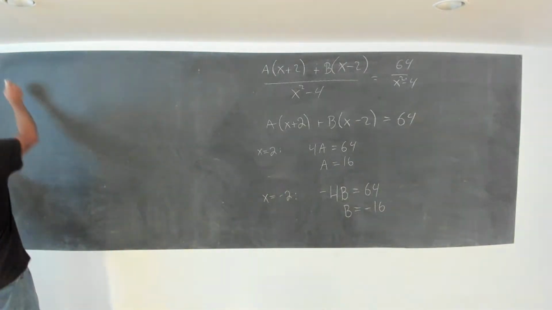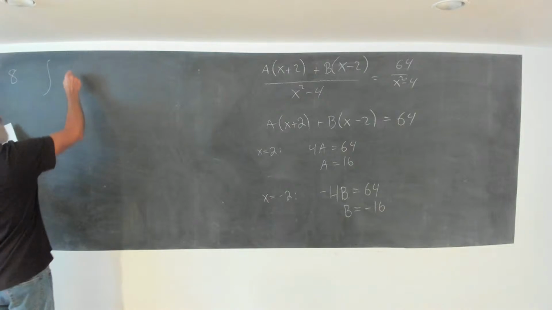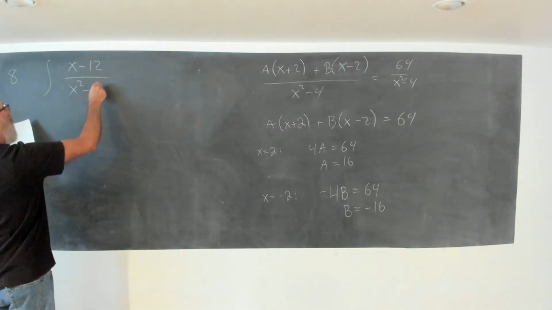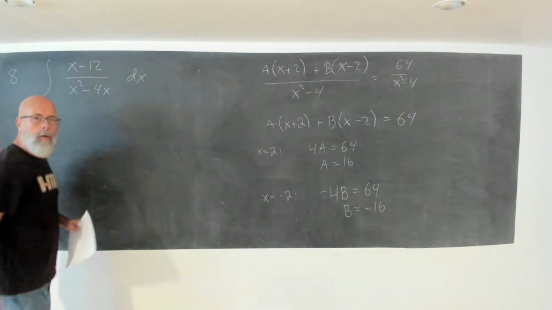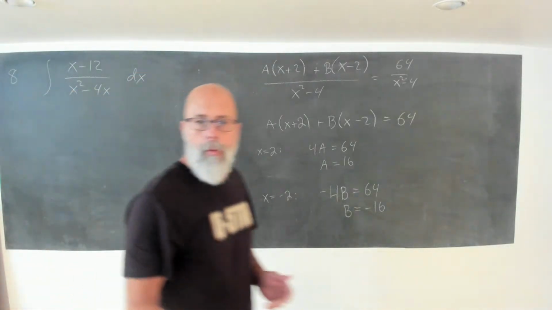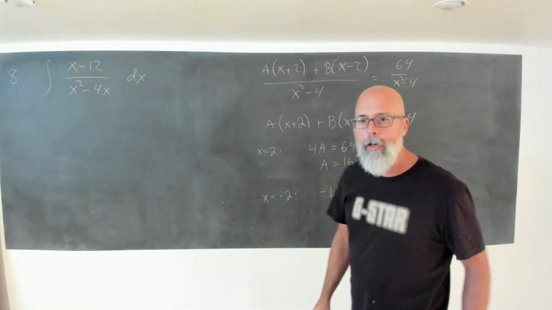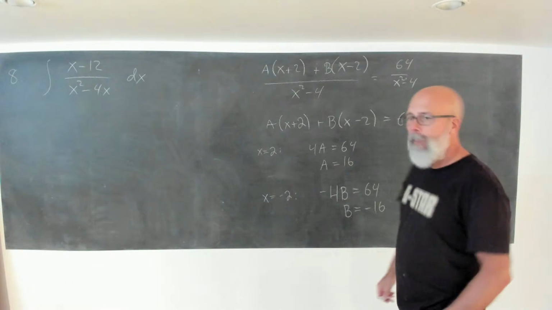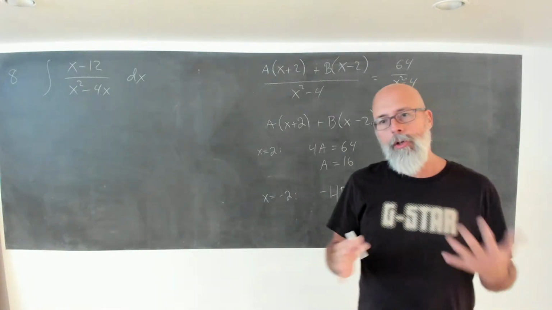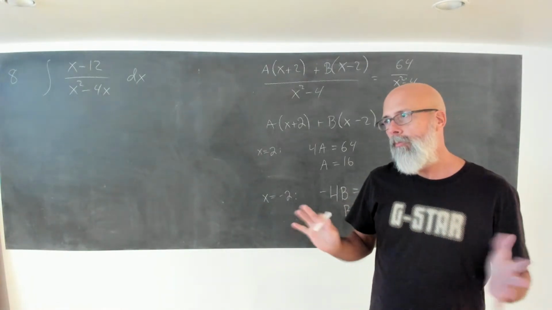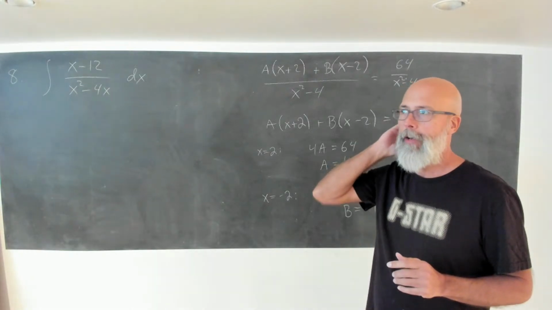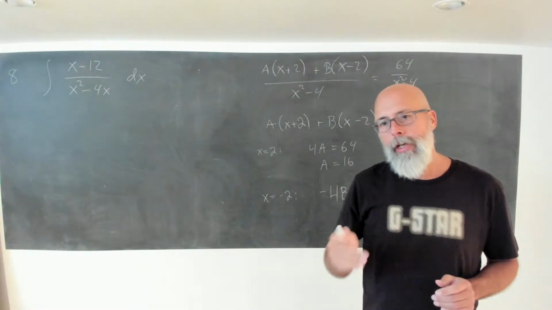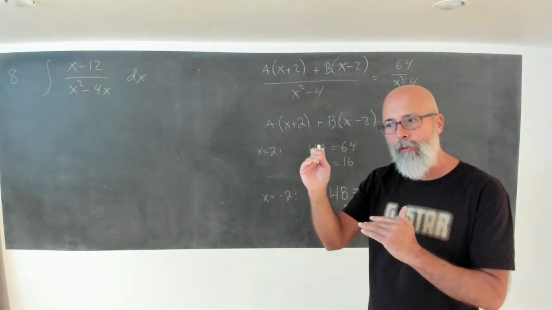All right, so let's see how this helps us. Why did you only do the decomposition on 64 over x squared minus 4? Well, partial fraction decomposition is when you have rational functions, right?